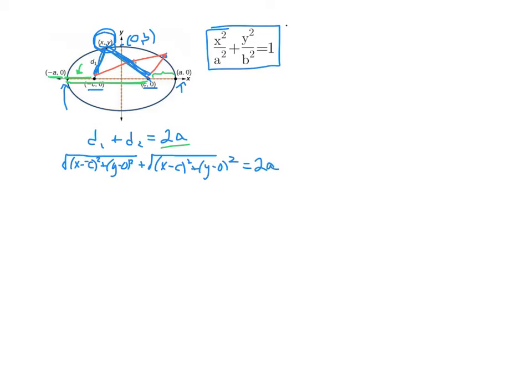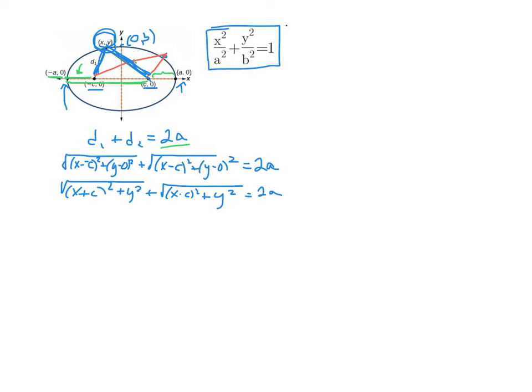Now, it's a kind of tedious calculation, so I'm just going to write this out. What we have is the square root of (x plus c) squared plus y squared plus the square root of (x minus c) squared plus y squared is equal to 2a. And we've done this before where we want to simplify an equation that involves radicals.